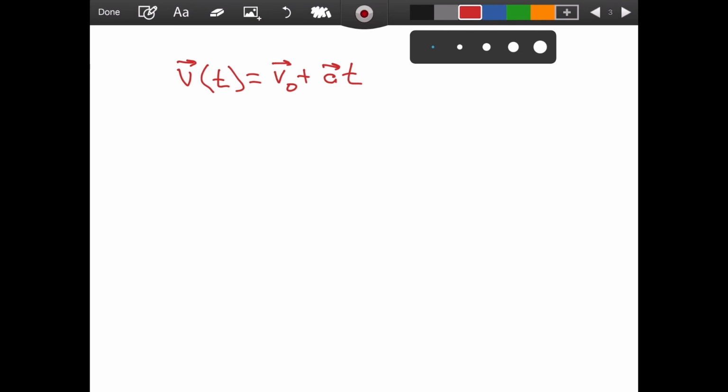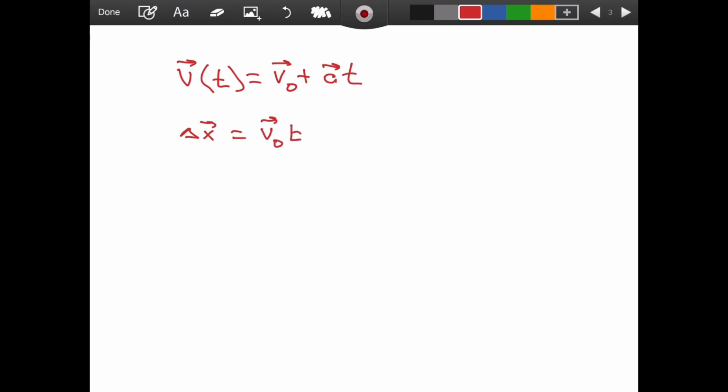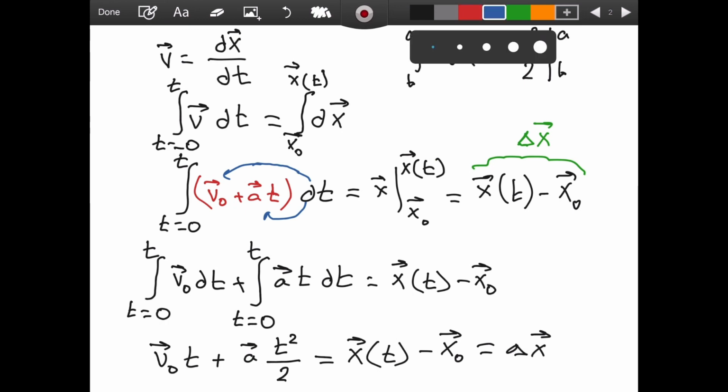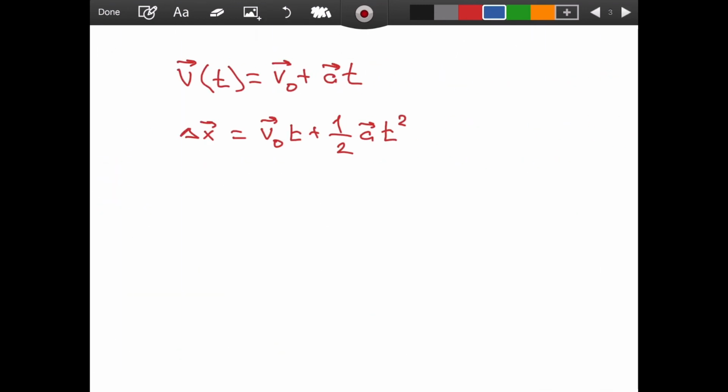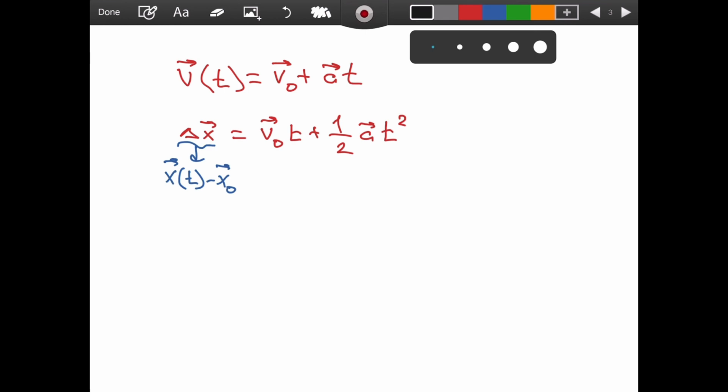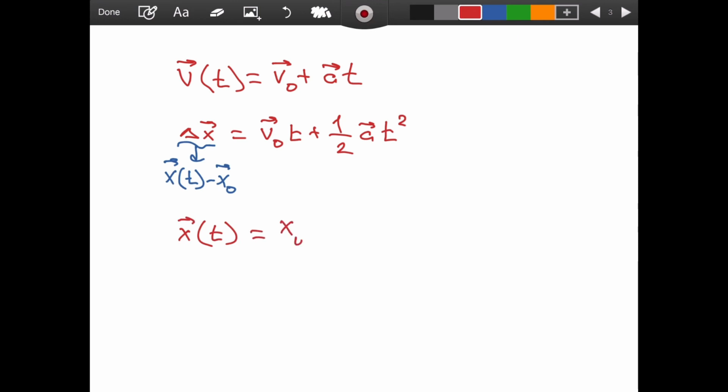Then you have one for the displacement, which is saying delta x is equal to v naught t plus 1 over 2 a t squared.